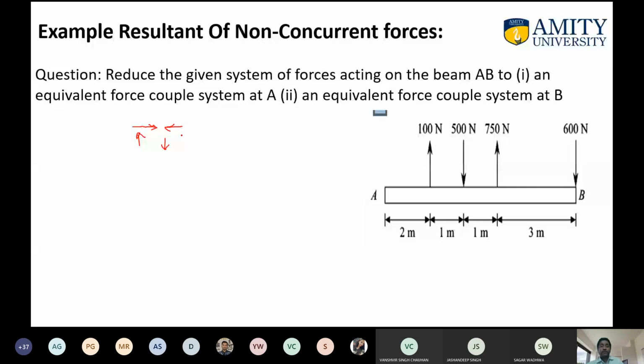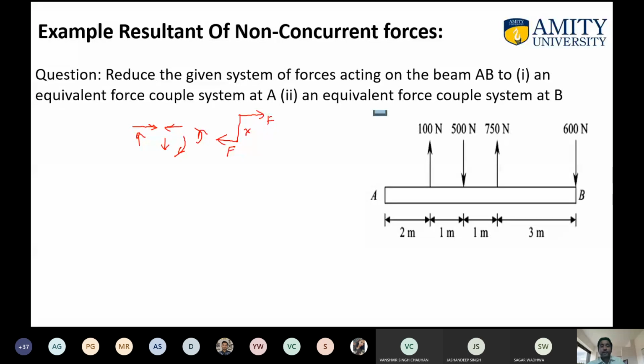Okay, I have explained this in the previous slide. When we are writing for the couple, we are writing only the moment part. Moment part means it can be either clockwise or anticlockwise. You remember one example that I have told you. This is a couple here. Let us say it is F and F, and the distance is x. So how will you make the moment of this couple?